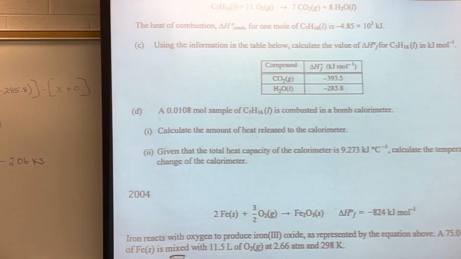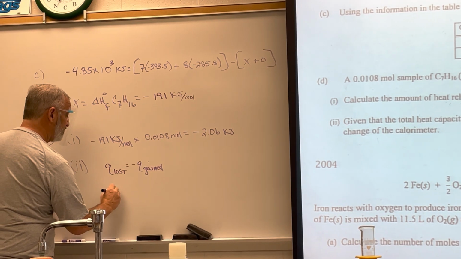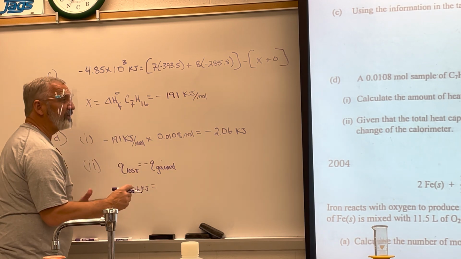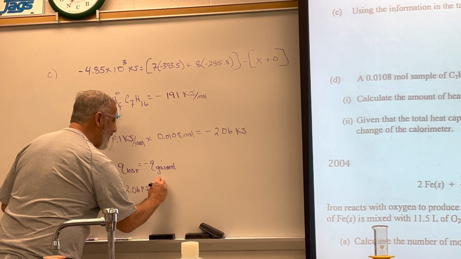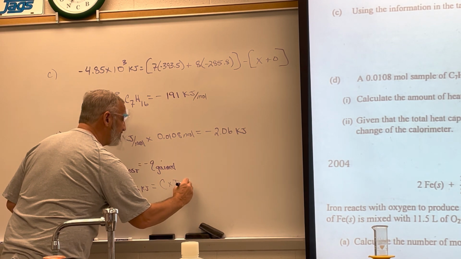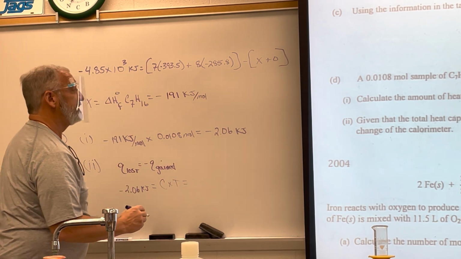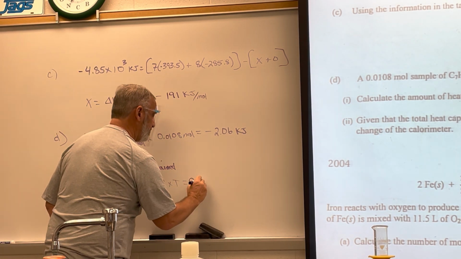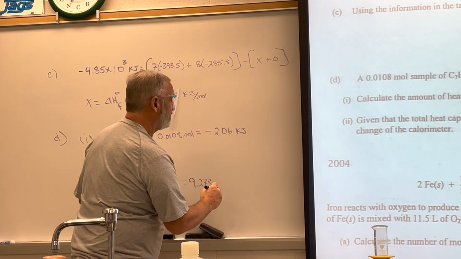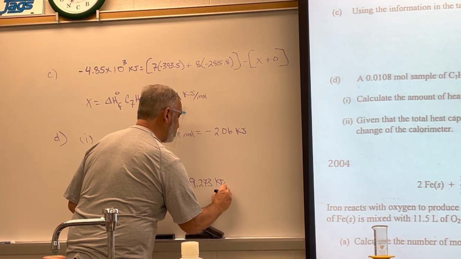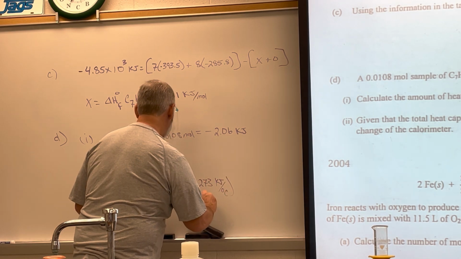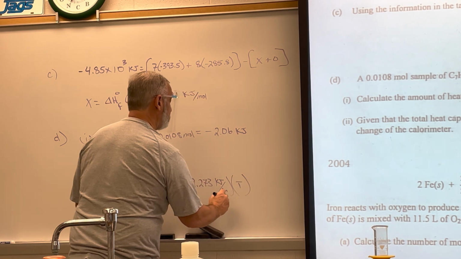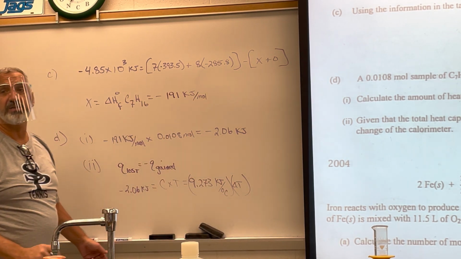I know now that this is my lost, negative 2.06 kilojoules, is equal to, remember when you have a heat capacity, it's going to be a capital C times T, which is going to equal 9.7273 kilojoules per degree Celsius times the temperature, which is what we're looking for. What is the change in temperature, right? mC delta T.